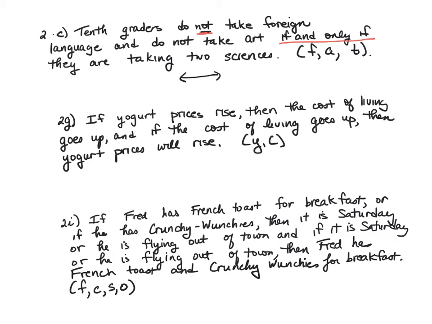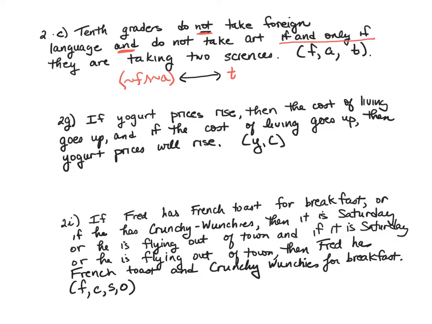So I will negate F and do not take art and not A. Okay, so I assume that is the first part of the biconditional. The 10th graders do not take foreign language and do not take art. So be careful with the connectives. If and only if they are taking 2 sciences. Well, that's just T. So that would be my translation.